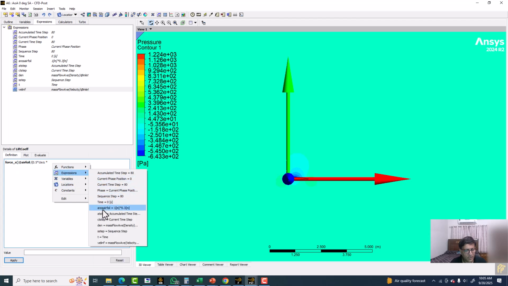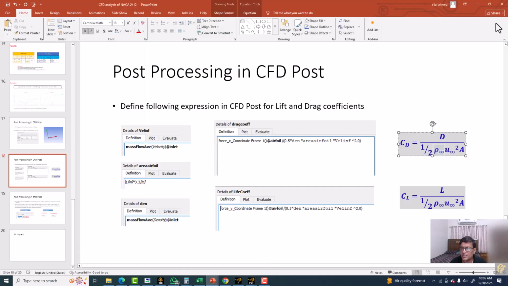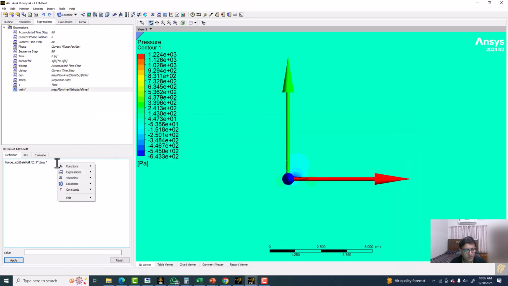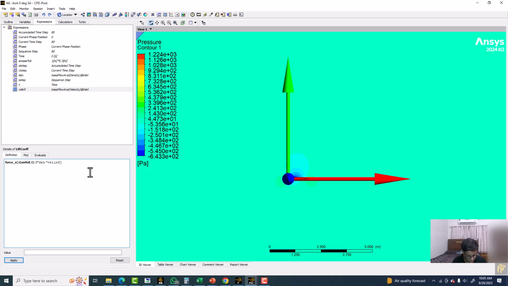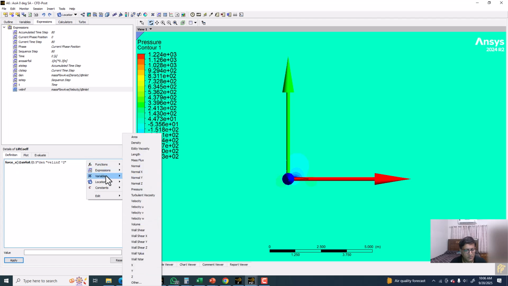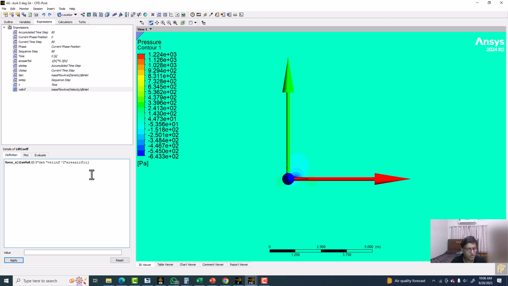So this is the area of the aerofoil, but first we will go with the formula, that is 1 upon 2 density into velocity square. So velocity at infinity, that is here, and to put the square we have to put this cap symbol and then 2, and multiply with the area of aerofoil, and then close the bracket.